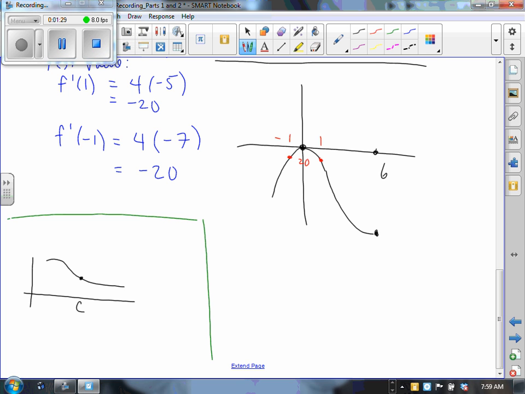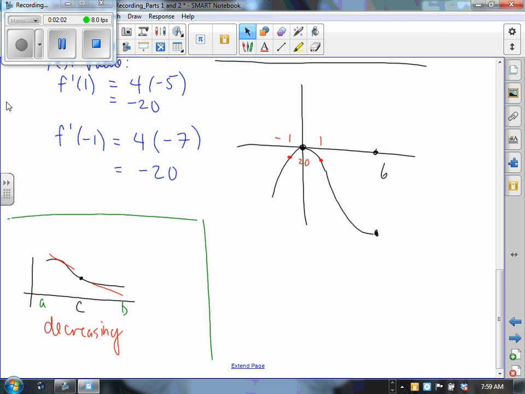So what you can see is that on either side, very poorly drawn, the slopes of the tangents there are both negative, which means that that function is decreasing. So it's decreasing on that interval, and let's just say arbitrarily, it's an interval AB.